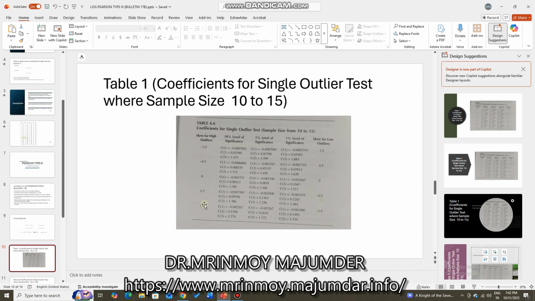First go for low outlier, then for high outlier, as is the case with the old method, the previous method that I have discussed on outlier detection. There is no requirement of that. Find the skew, find the coefficient as per the level of significance that you have chosen, and you will find the value of C1, C2, C3.